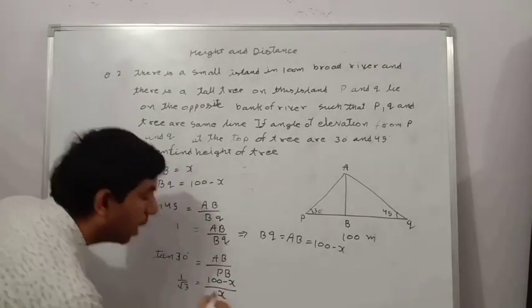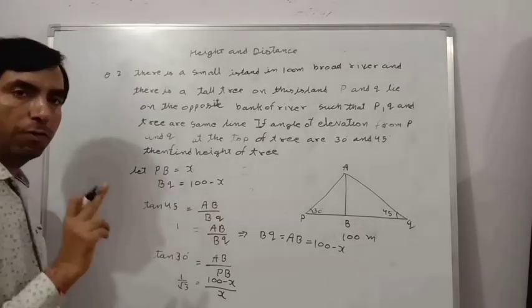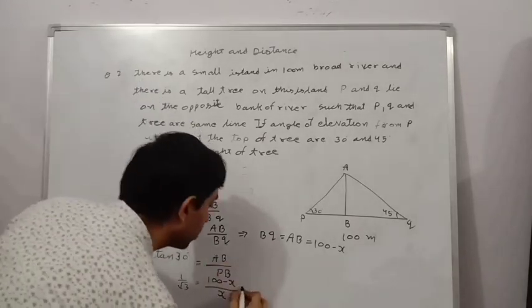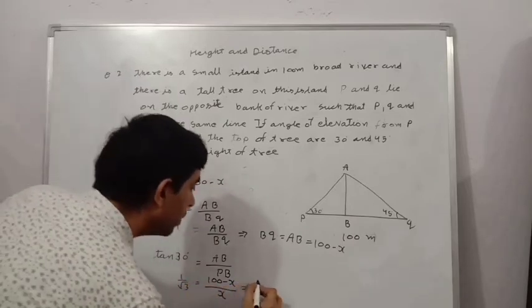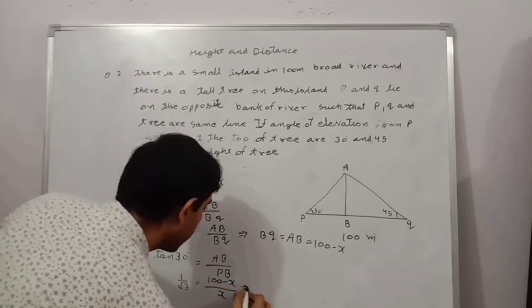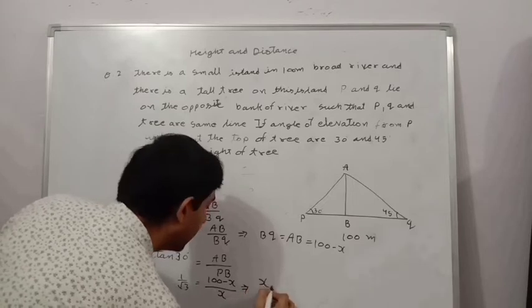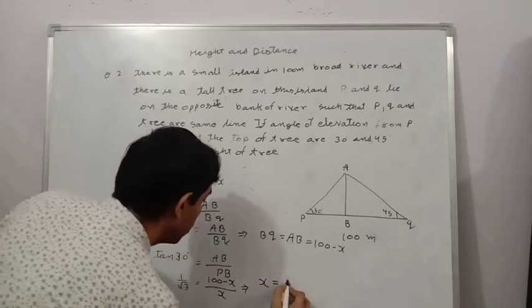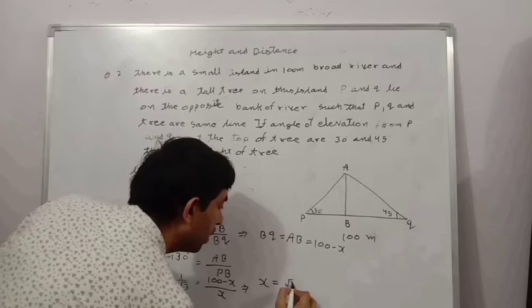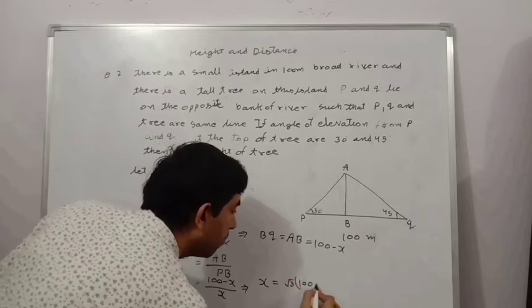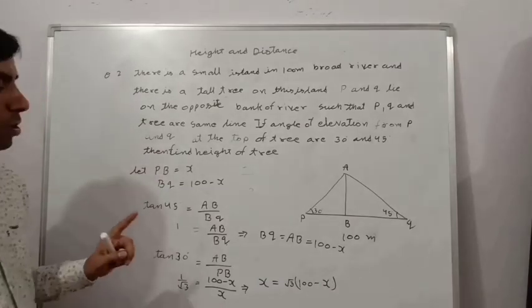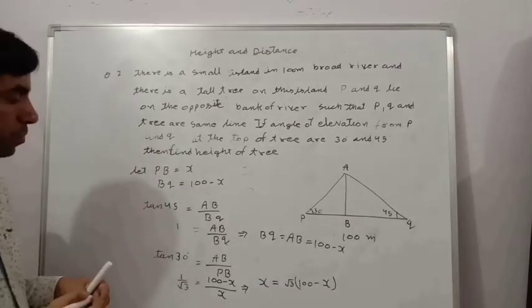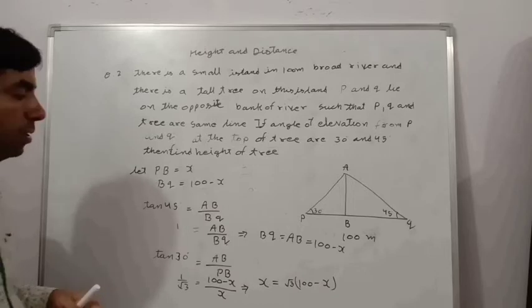So write it and do cross multiplication. Always for solving it, take cross multiplication. So X equals root 3 times 100 minus X. This is our value after multiplication.